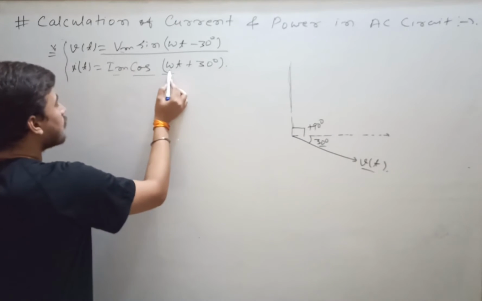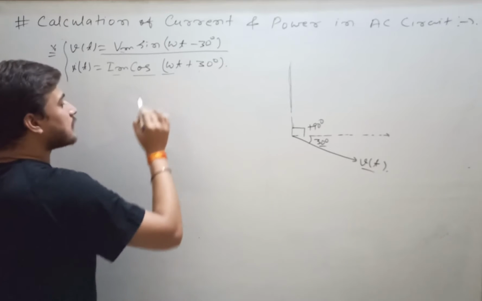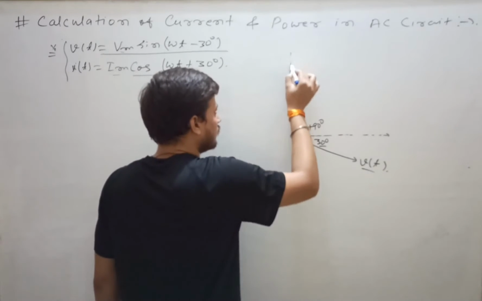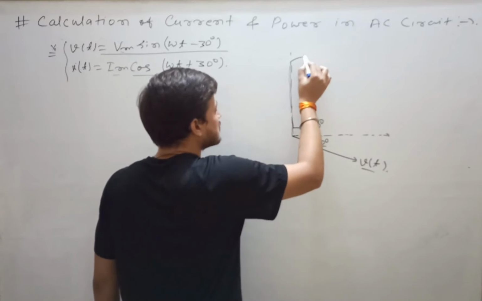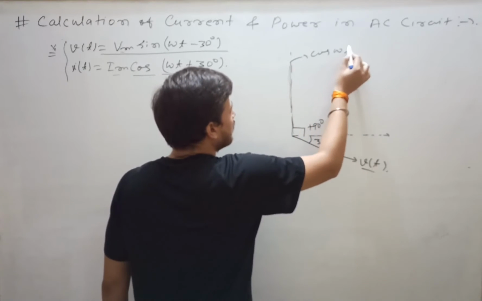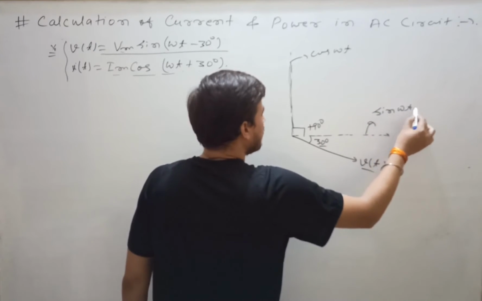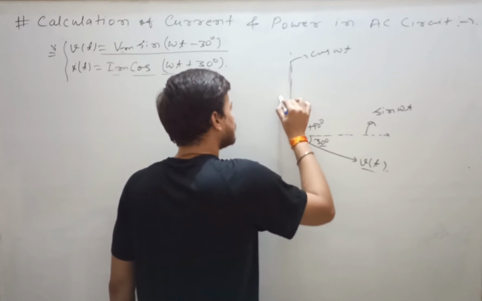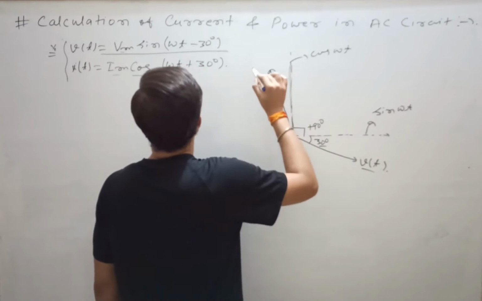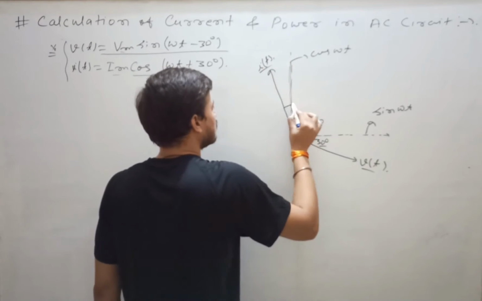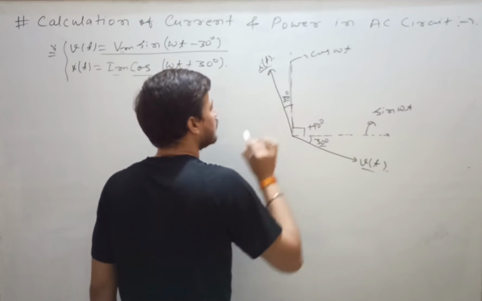Now they have given cos omega t plus 30 degree. This is the axis of cos omega t, and this is the axis of sin omega t. Plus 30 means this one, so this will be the phasor for current.